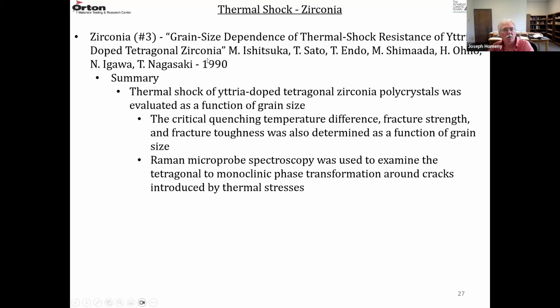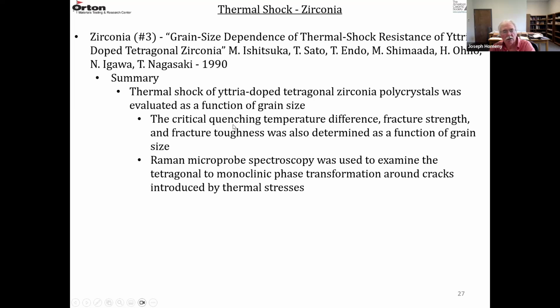So this one is more recent, a 1990 study, the grain size dependence of thermal shock resistance. Now, this was a yttria stabilized zirconia. The thermal shock of a yttria doped tetragonal zirconia polycrystalline material was evaluated as a function of grain size.